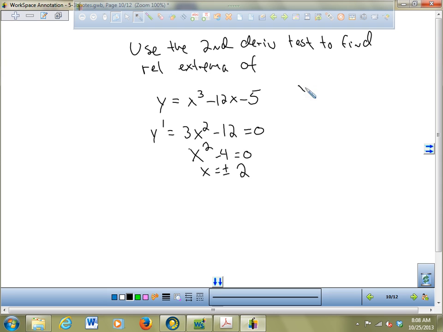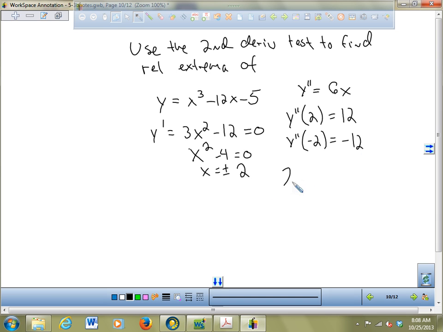Then you want to do y double prime. What's y double prime? 6x. Then you take these two values and plug them in. So y double prime of positive 2 is 12, and y double prime of negative 2 is negative 12.